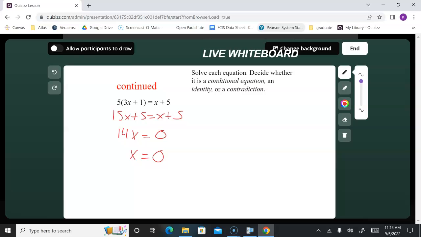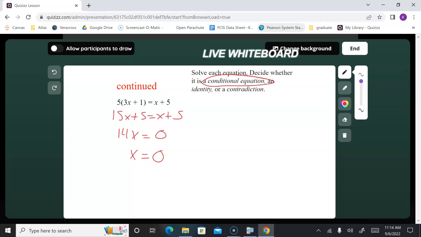X is equal to a number. Zero is a number. 0 is a number. Your answer's allowed to be 0. That's okay. I could plug in 0 and I will get a true statement. Okay? 0 is allowed. Just because I get an answer of x equals 0 doesn't mean it's a contradiction or an identity. X can be 0.